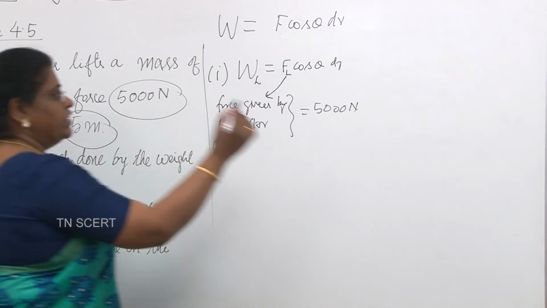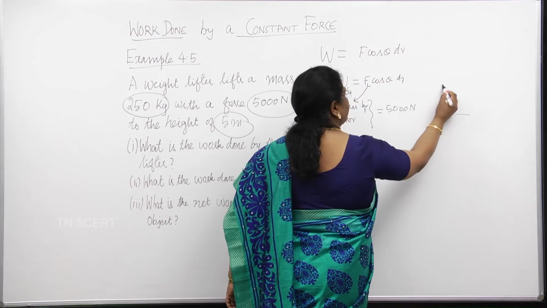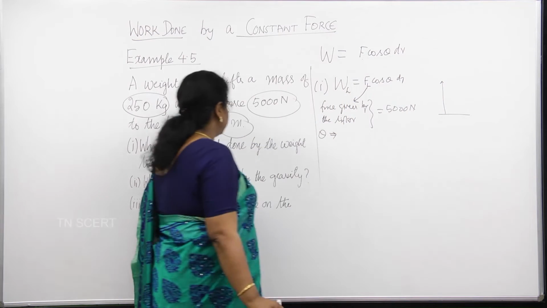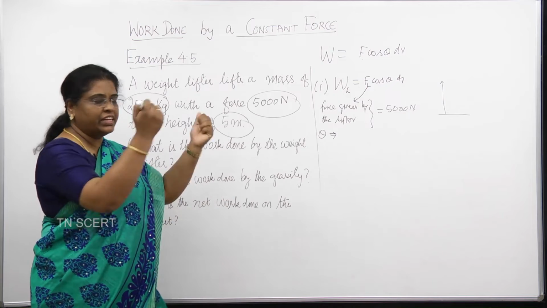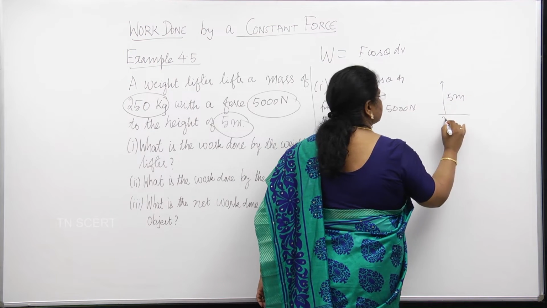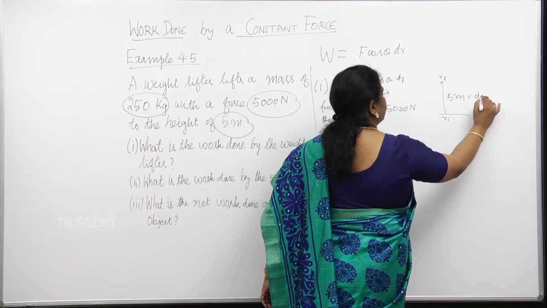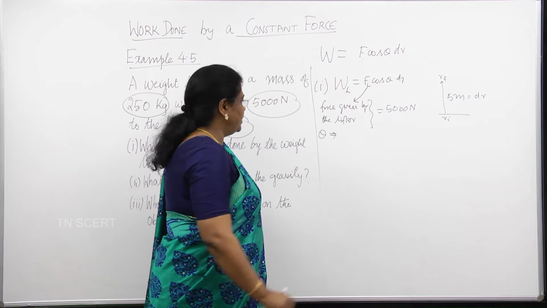When the lifter lifts the weight from the ground level to some height, he is lifting it up to 5 meters. This is initial and this is final, so the displacement is equal to 5 meters.